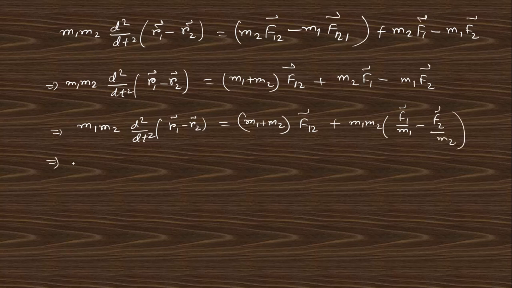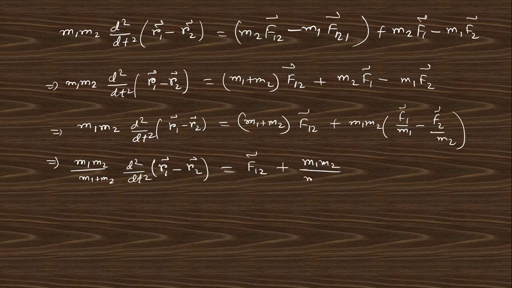So we can write this as m1 m2 by (m1 plus m2) d2 by dt square of (r1 minus r2), and this is F12 plus m1 m2 by (m1 plus m2) times (F1 by m1 minus F2 by m2).